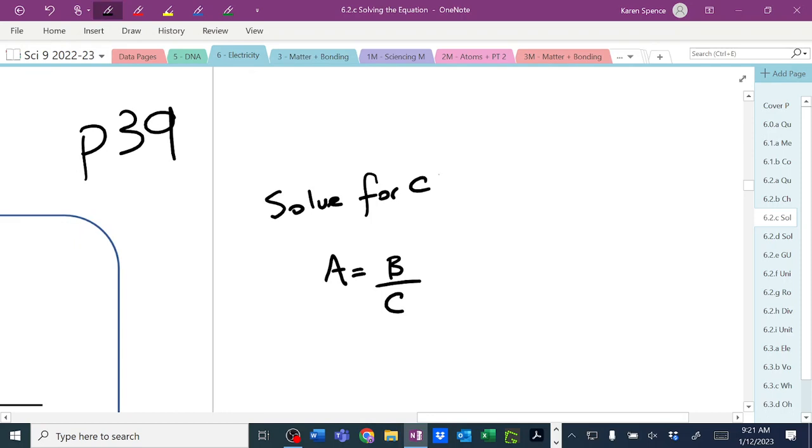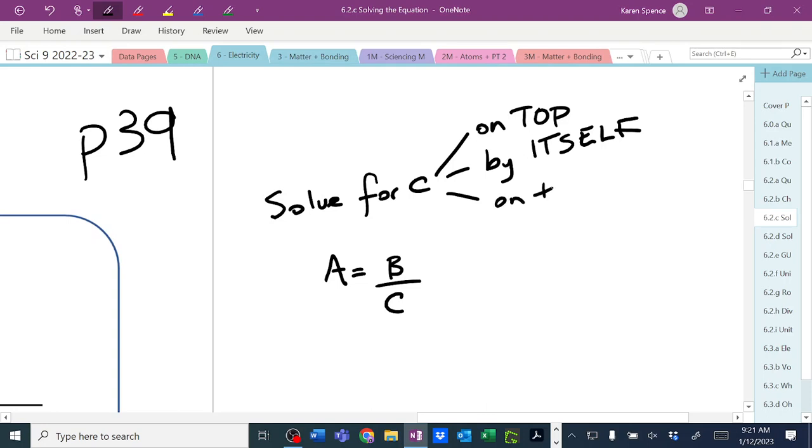If we want to solve for C, we need to get C on the top. We need to get C by itself. And then we need to get C on the left. Is C on the top this time?